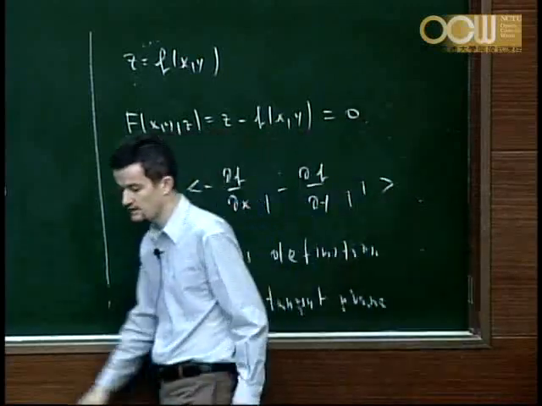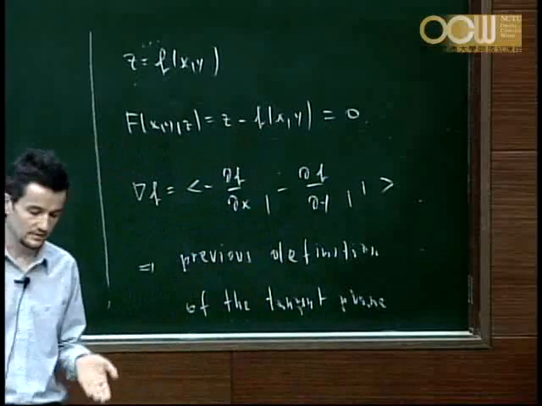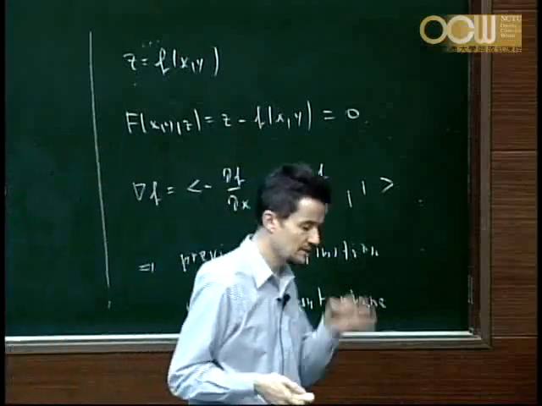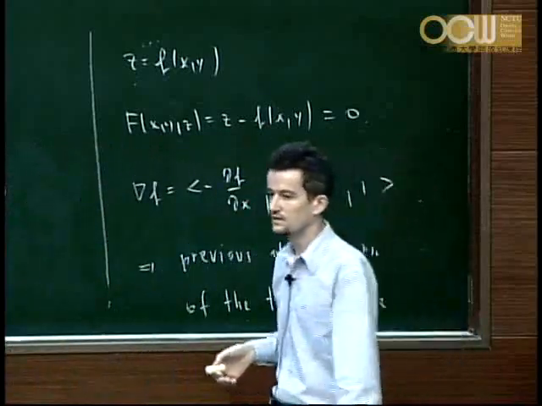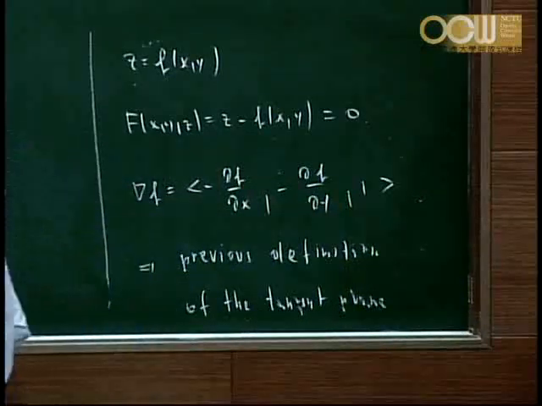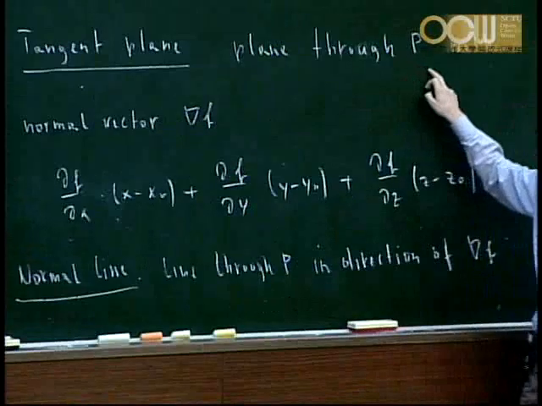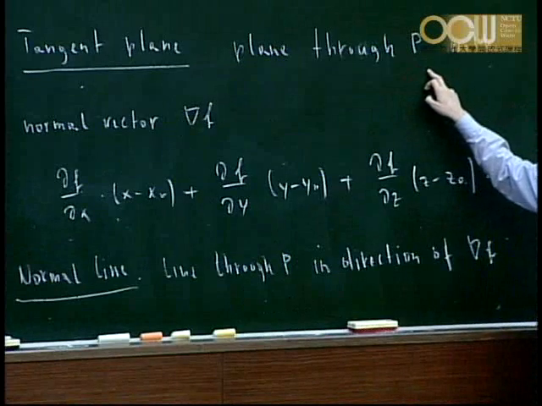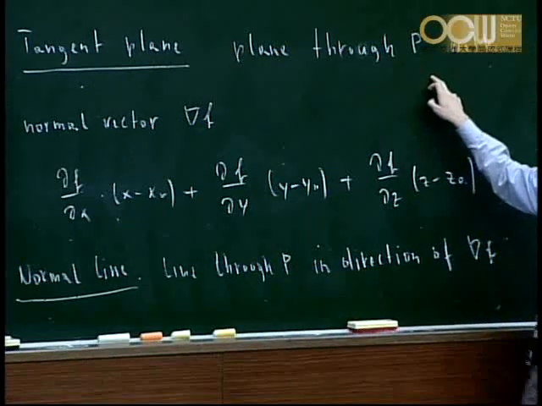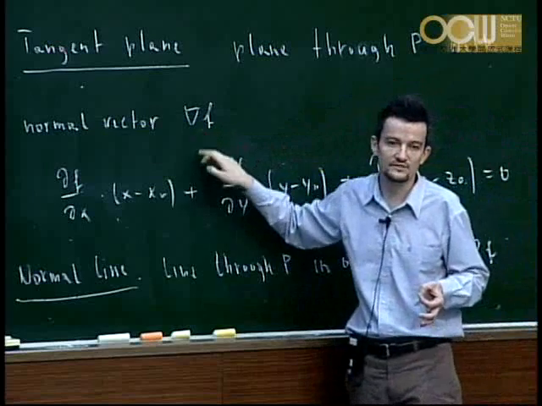So if you have a level surface, the tangent plane to a level surface is by definition the plane passing through the point which you are interested in, and a normal vector is given by the gradient.